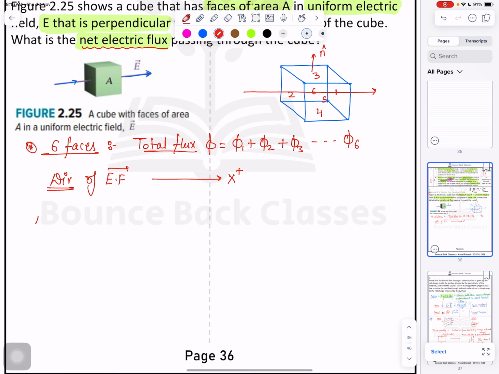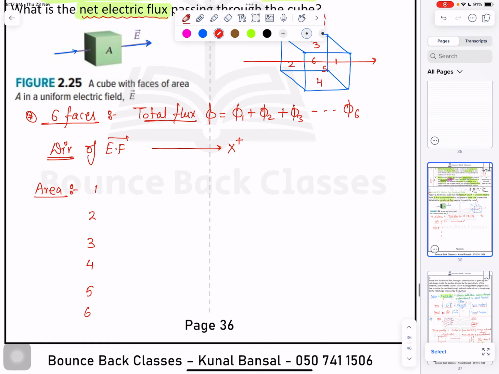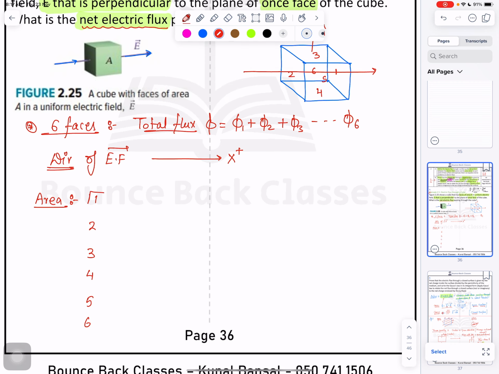Area-wise, let's say areas 1, 2, 3, 4, 5, 6. Just tell me, for area 1, what is the n cap? N cap is outward. Can I put n cap here? This is for area 1.